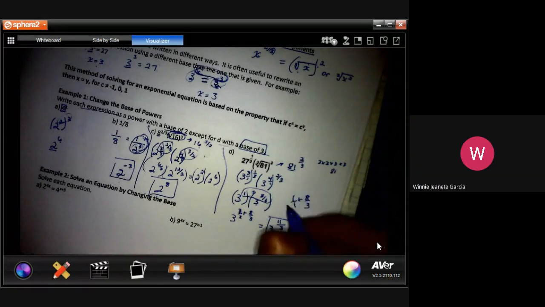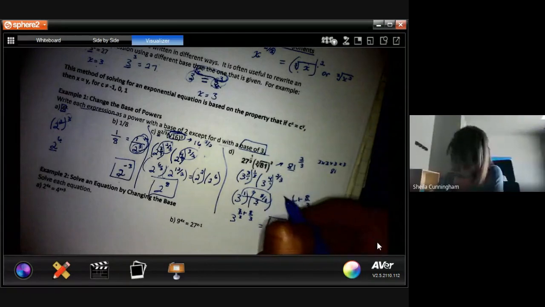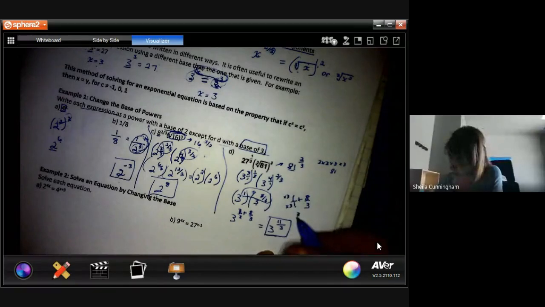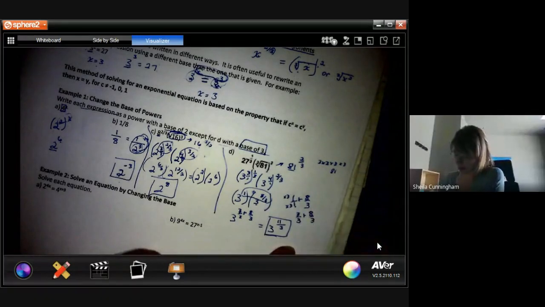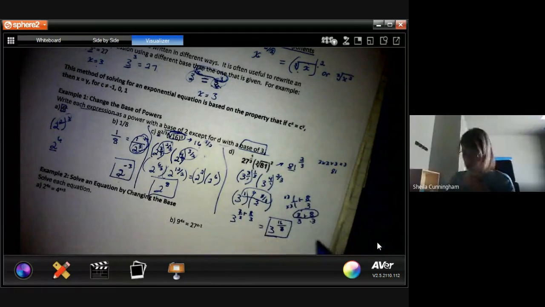Well, I have to multiply the bottom by 3. But the moment I multiply the bottom by 3, I have to multiply the top by 3 as well. So that's why I'm getting 3 over 3 plus 8 over 3. Now, adding fractions, you're just adding your numerators together. That's what's giving you the 11, and then you carry that common denominator, and that's where you get the 3. You do not add the denominators together. It stays as just a 3.